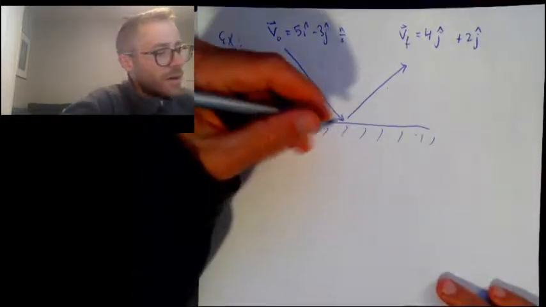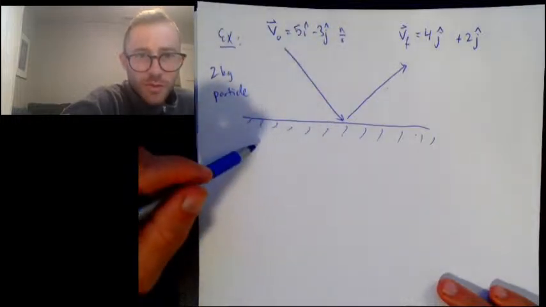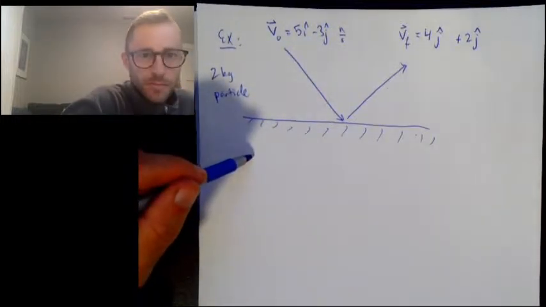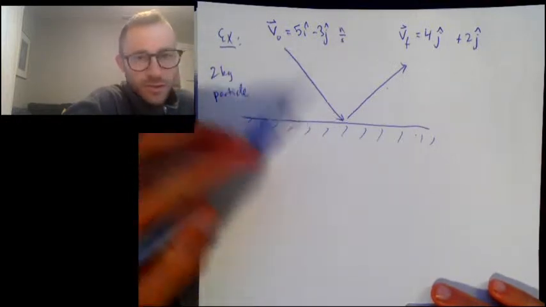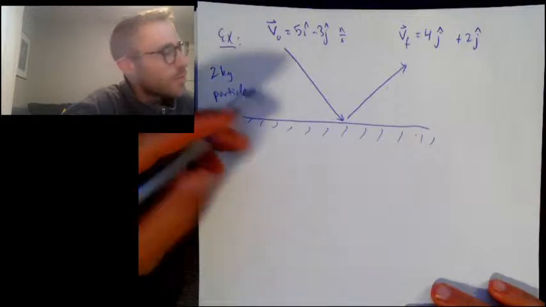You use some ultra slow motion high-speed photography camera, and you can actually see how long the ball is in contact with the wall.